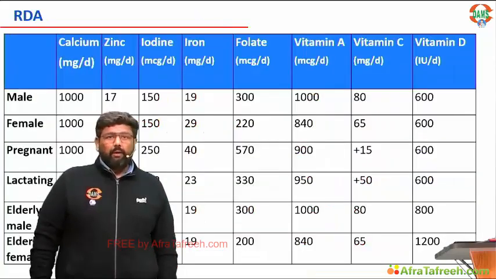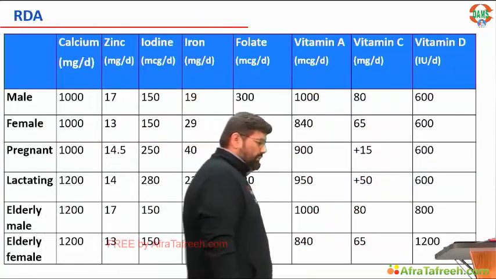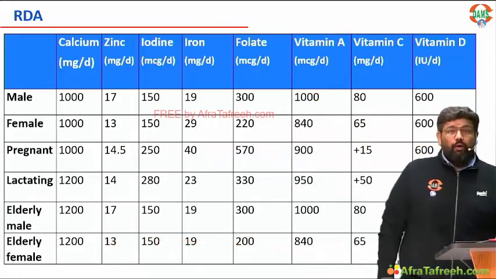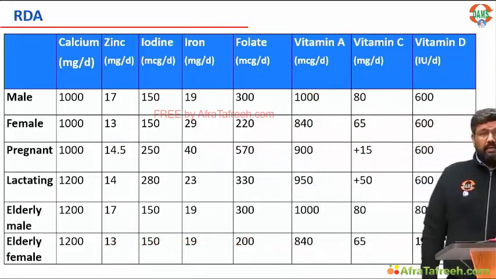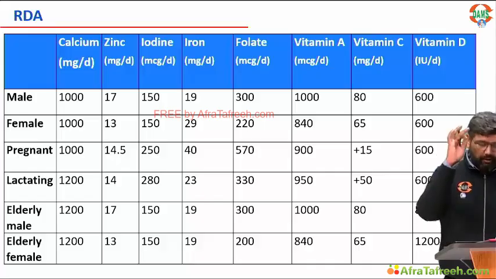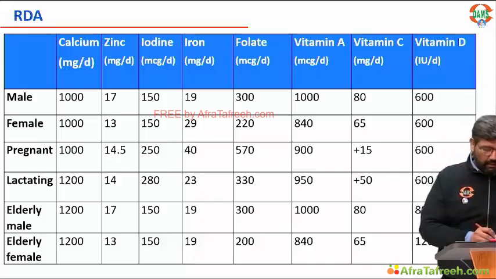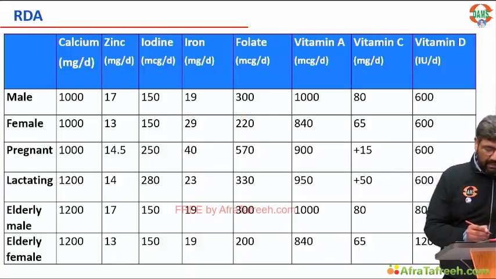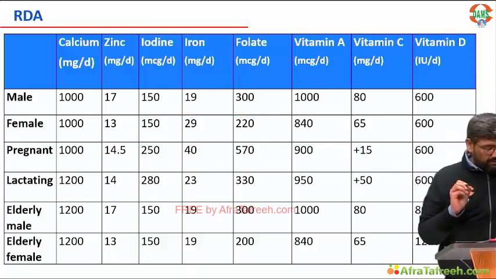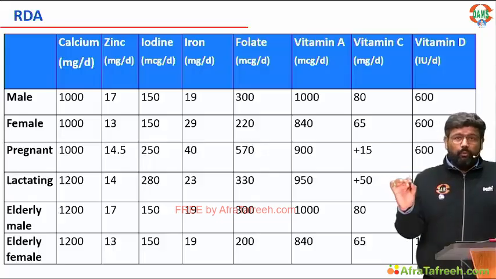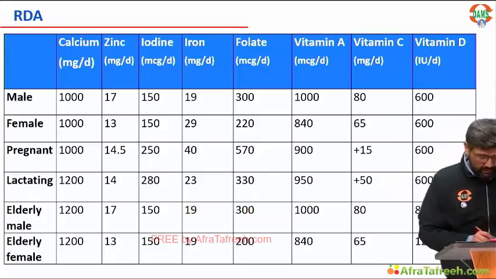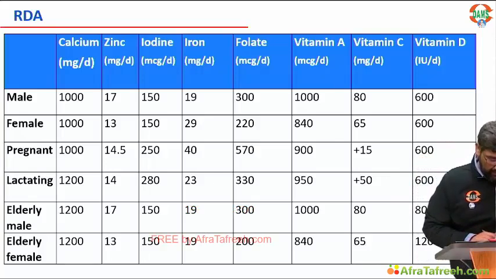Right? Now, this is the RDA table for all the micronutrients. Just I want your attention that if I talk about zinc, this RDA table, you need not worry. Just a minute, I want to take the highlighter from here.